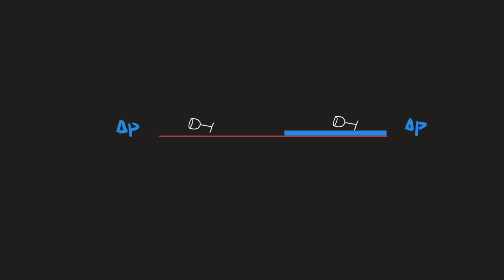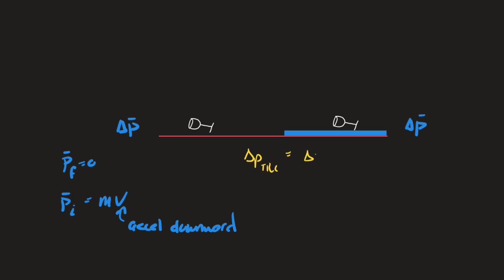So their P final is going to equal 0 and their P initial is going to be equal to mv, where this is what they get from accelerating downward. So is it clear from just that statement that delta P above tile has to be equal to delta P above carpet?